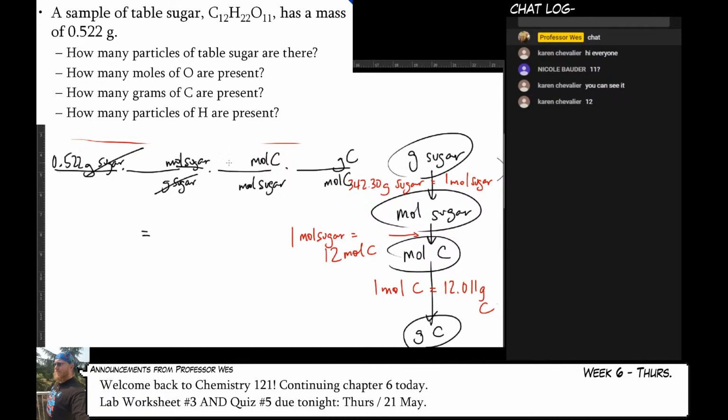So these cancel out, these cancel out, these cancel out. And now I just got to put in the numbers again. And you punch it in your calculator and the math does itself. And that's what I got, 0.220.